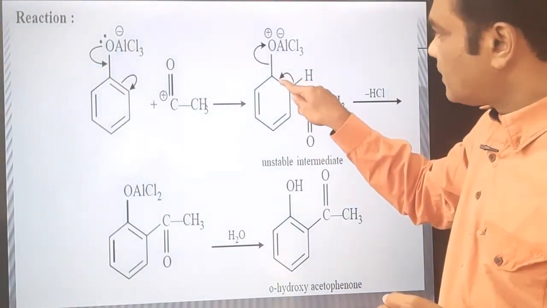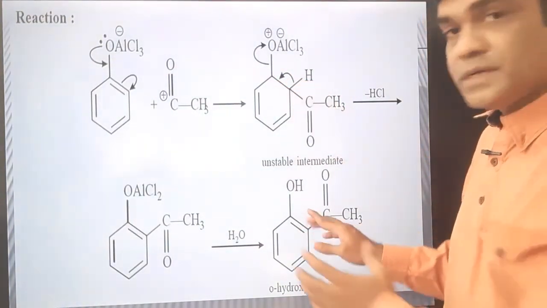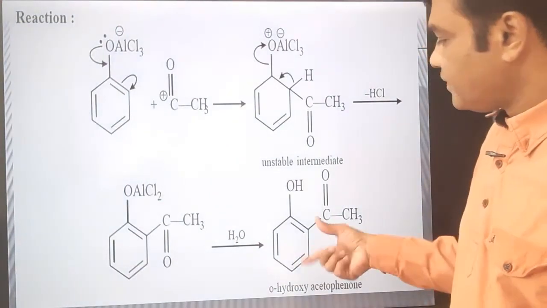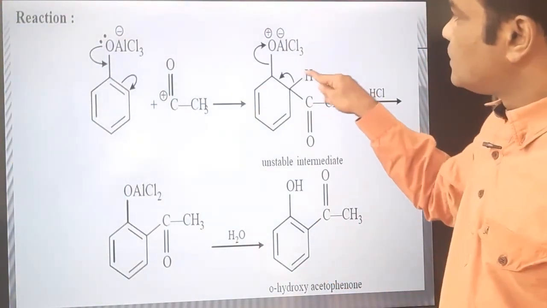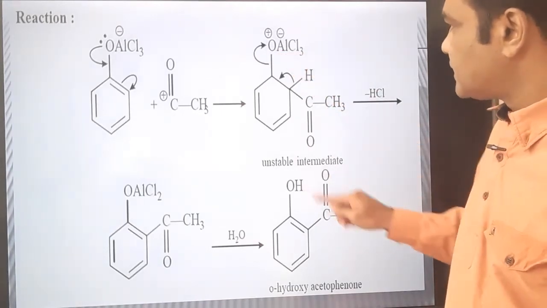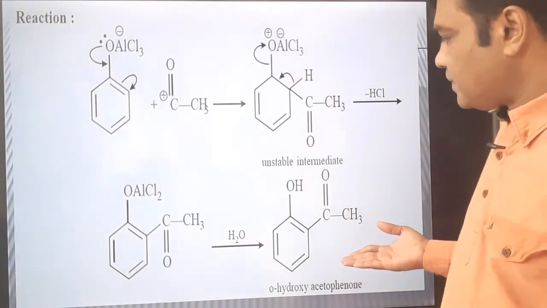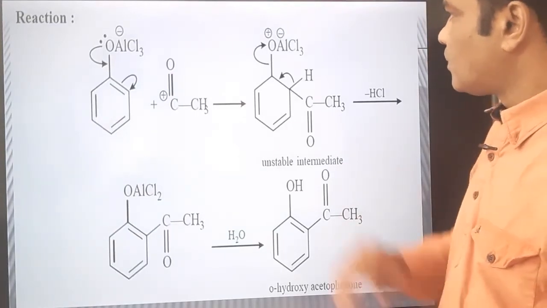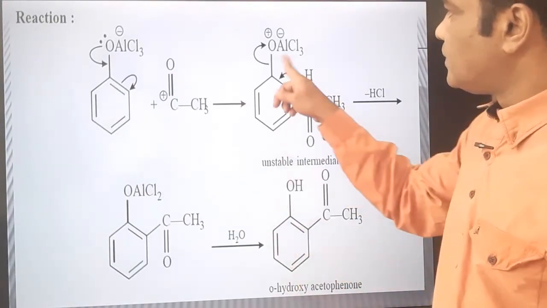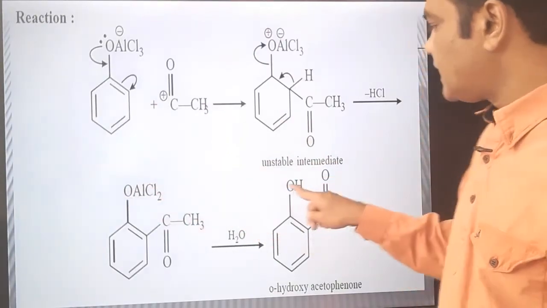See, this bonded pair of electrons is shifted here, pi bond formation means we get the aromatic compound, this aromatic ring, right? And this hydrogen, H positive, and this oxygen bond formation takes place. And in this way we get ortho hydroxyacetophenone. Of course, after hydrolysis, because first we will get this and then we will get this.